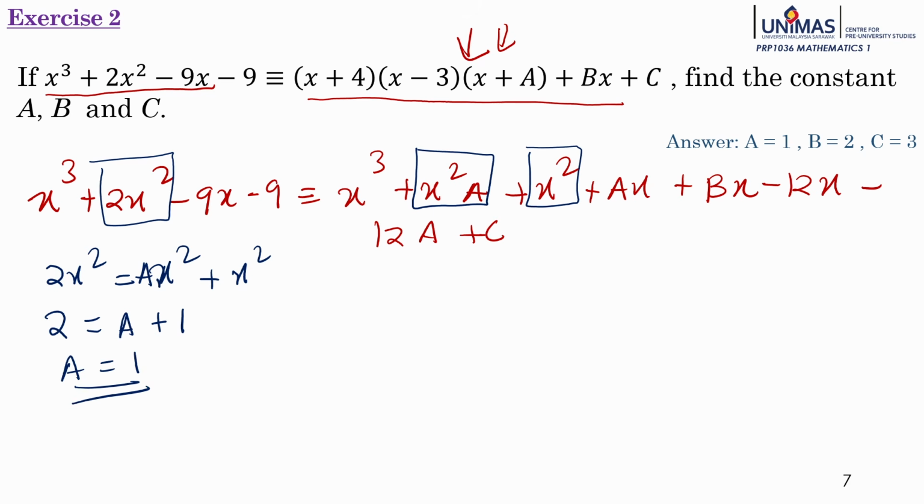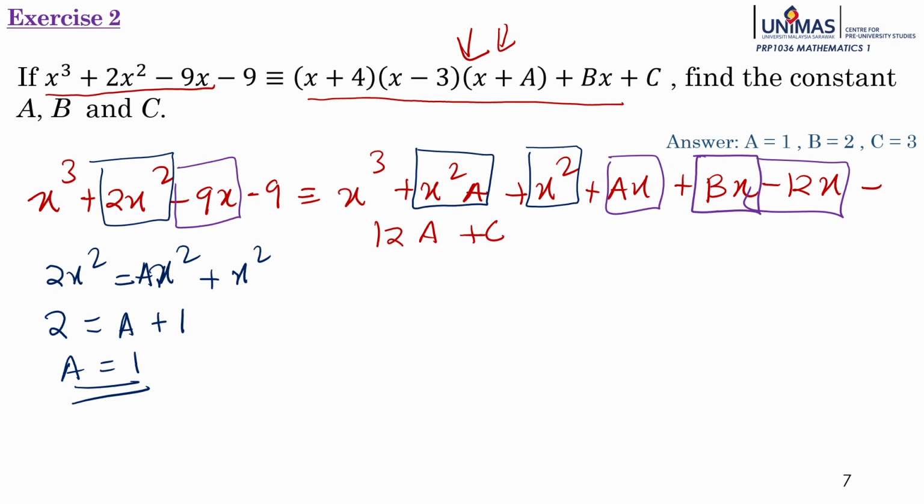Okay, now we want to find the next value, b. For b we have x. Change color first. Okay, so bx, ax, and then negative 12x compared to this one.